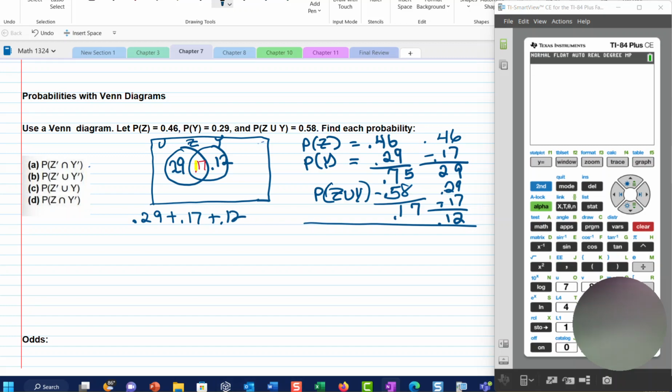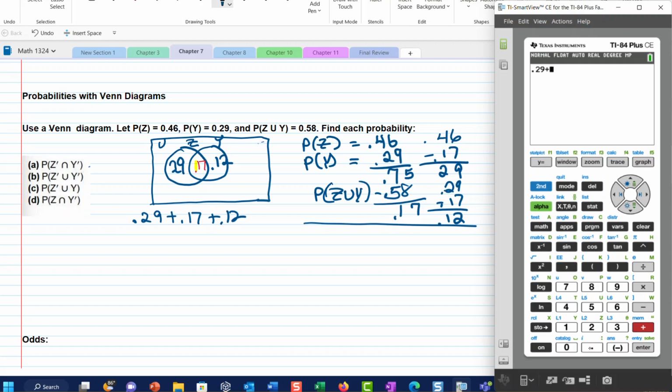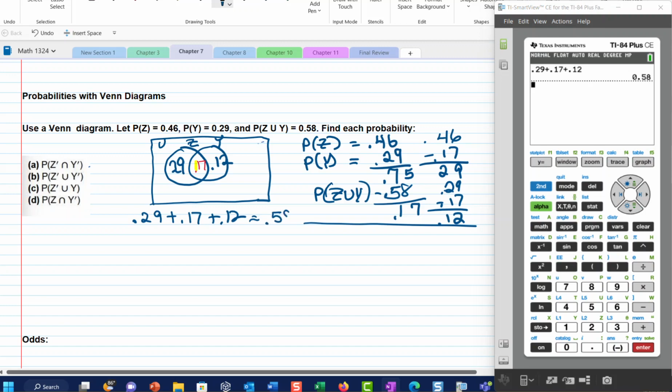It's not going to take us that long to verify our findings. 0.29 plus 0.17 plus 0.12. And there it is, 58. So all three parts of those circles add up to 58 hundredths. So we have drawn the Venn diagram correctly.